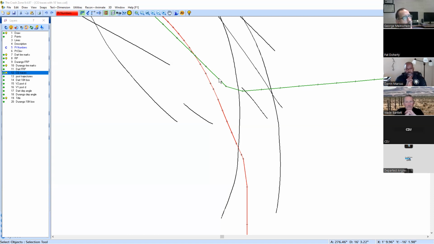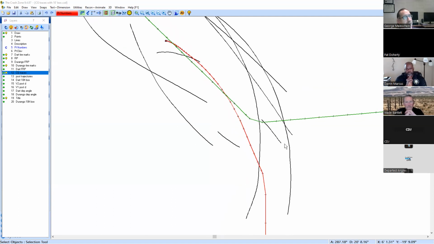So I said, okay, what's the best way to get people to follow or to get that departure angle rather than just trying to describe it in words? And that's when I came up with the 10-foot box method.